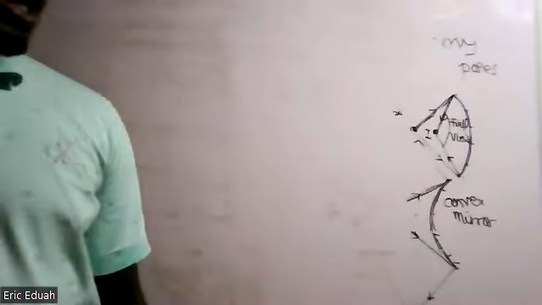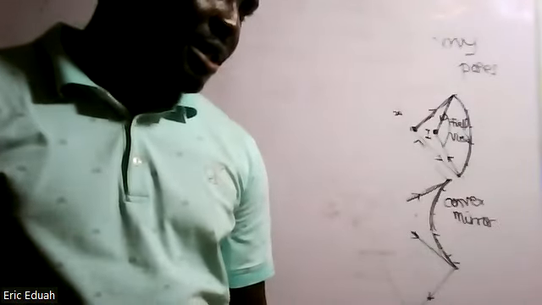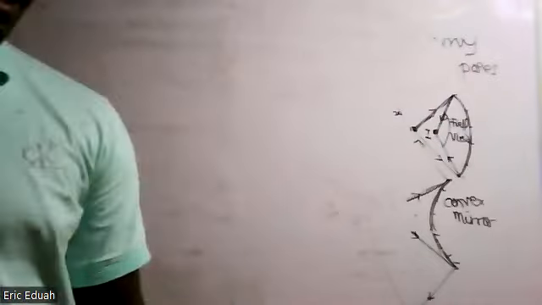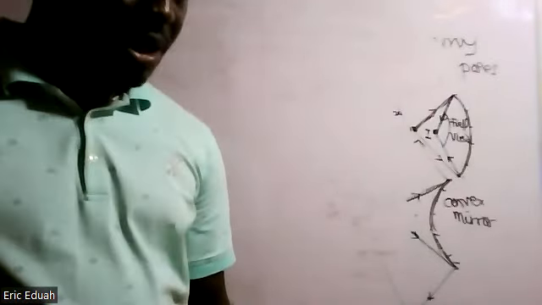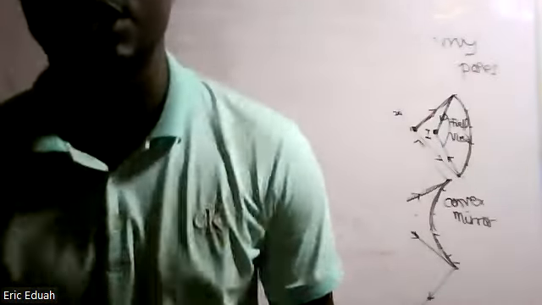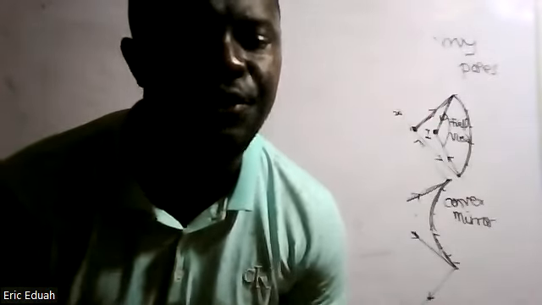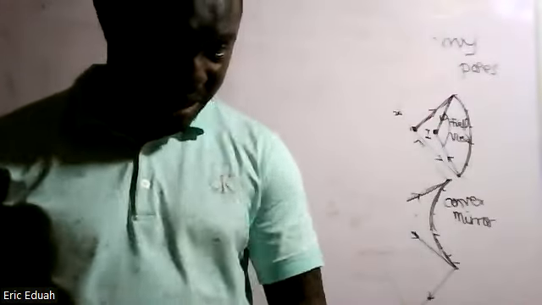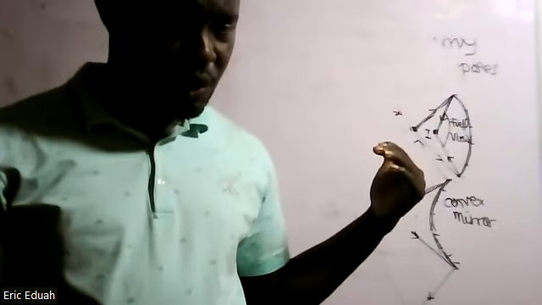The image formation in concave mirrors depends on the position of the object in front of the mirror, and that is the next thing we are coming to look at.